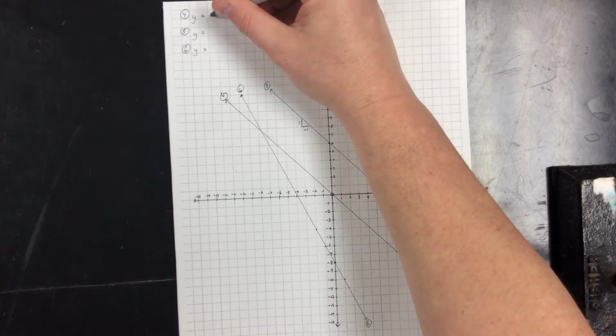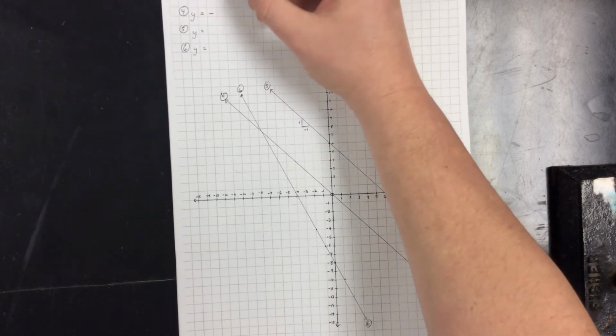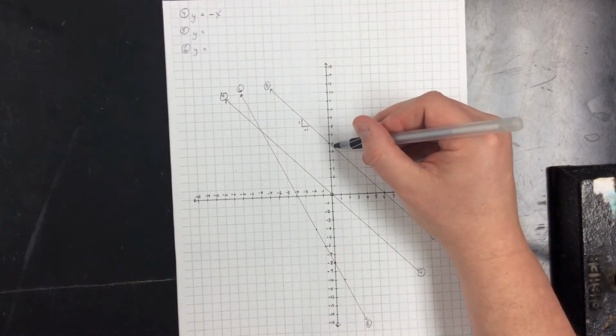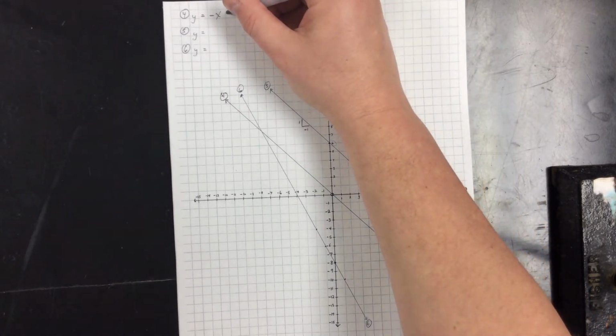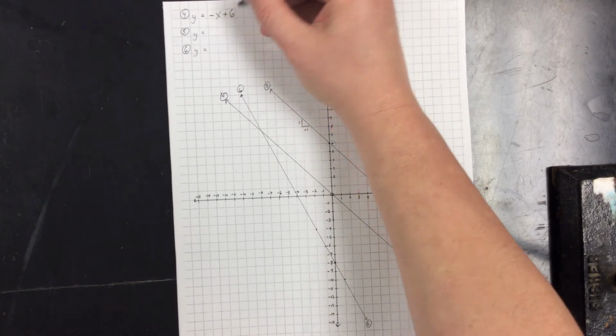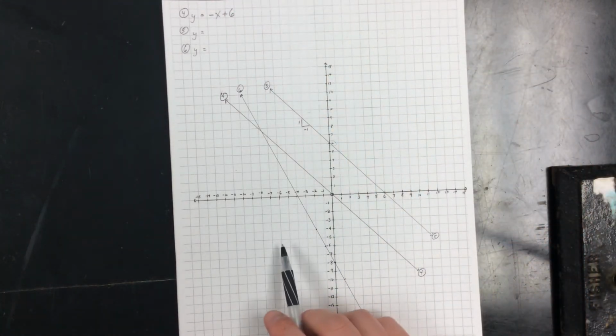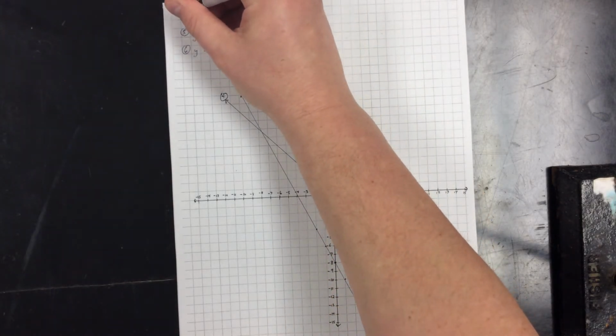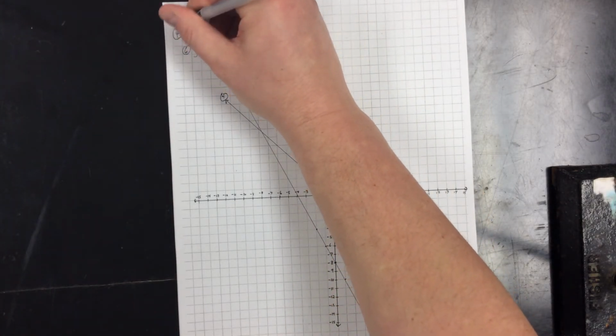So it's going to be a negative 1, which I don't have to write, so I'm just going to write it as negative x. And where does it cross? It crosses at positive 6. So negative x plus 6. And I think I did that on the wrong line. Let's just change that to a 5 and that to a 4. And now all is good.